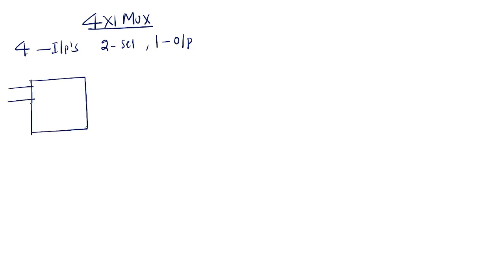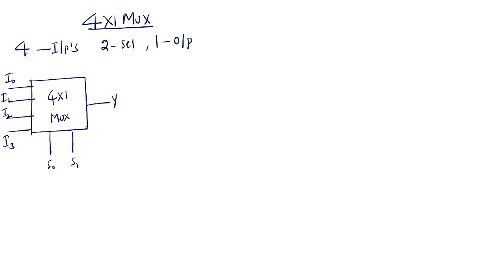Let us take the inputs as I0, I1, I2, and I3, the selection lines S0 and S1, and this is the 4 cross 1 MUX, and the output is Y.